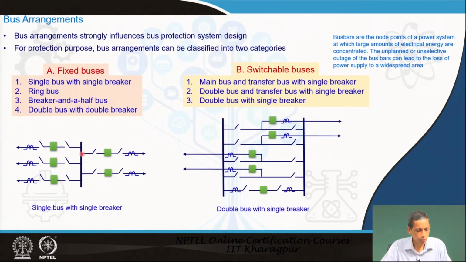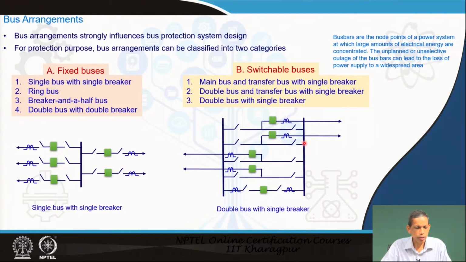In the fixed bus approach, we have a bus and the corresponding switches and isolators, all connected to that particular bus, while in the switchable bus we have auto switch options available.